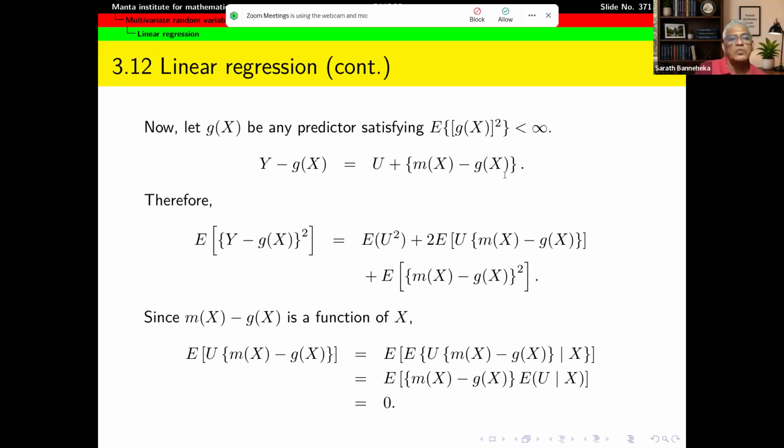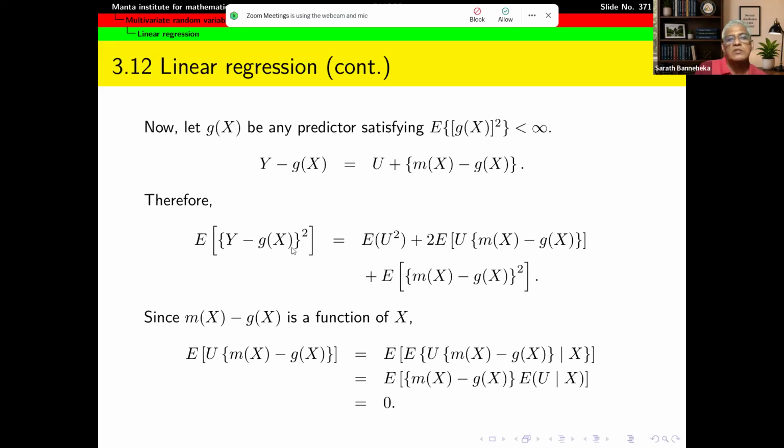Let's now consider the expected value of the square of this quantity, y minus g(x). Y is the original variable, and g(x) is any predictor that we are considering, not necessarily linear. It can be some other predictor like e to the power x, log x, whatever, right? So we are considering the expected squared difference between the variable and the predictor.